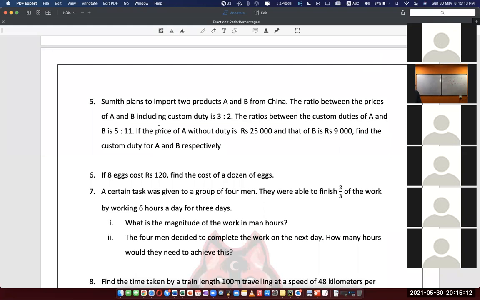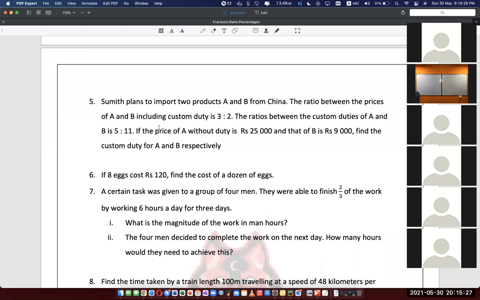So Sumit plans to import two products, A and B, from China. Okay, so we have A, we have B, right? So always try to plot it in a table form.